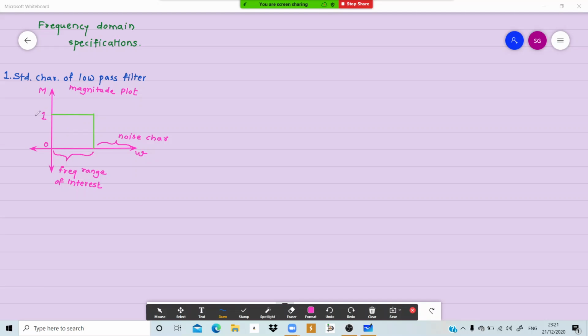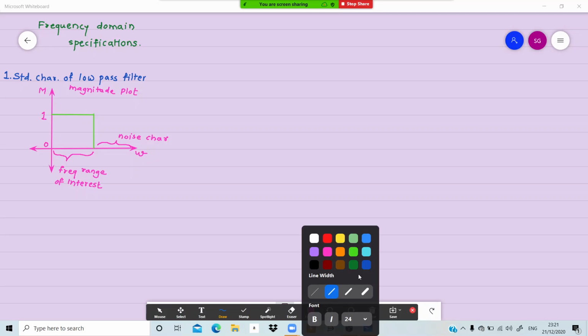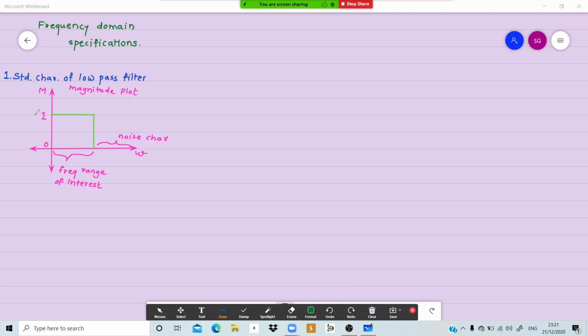So I'll write for this one in short, proper tracking. Magnitude 1 का मीनिंग है आउटपुट follows input, and that is proper tracking is there.